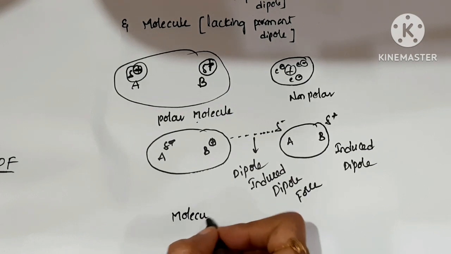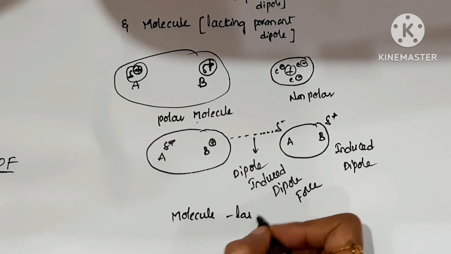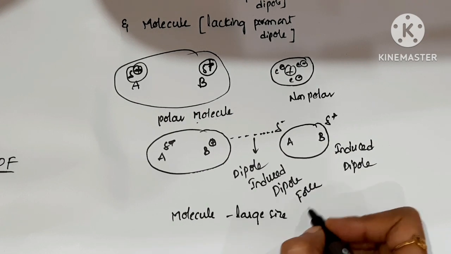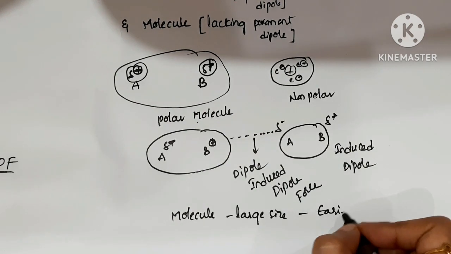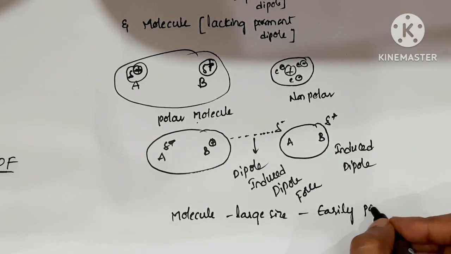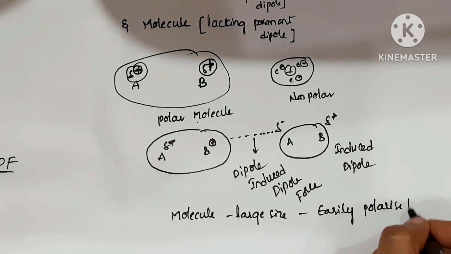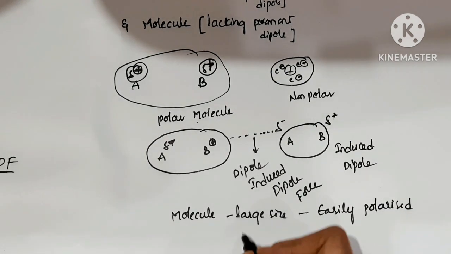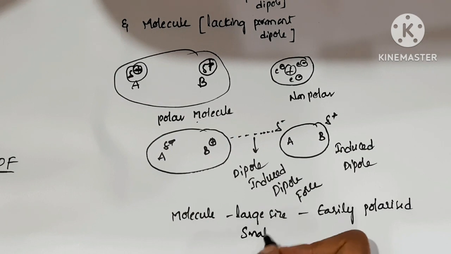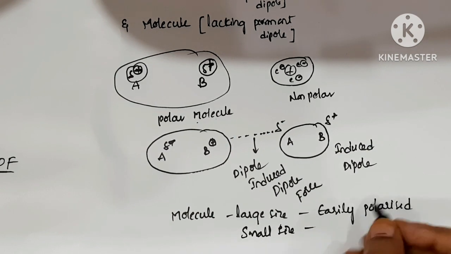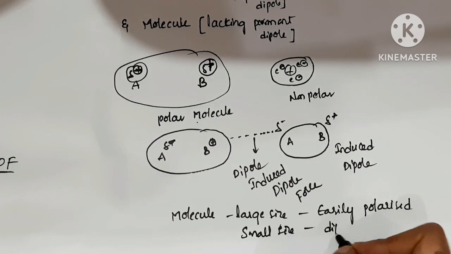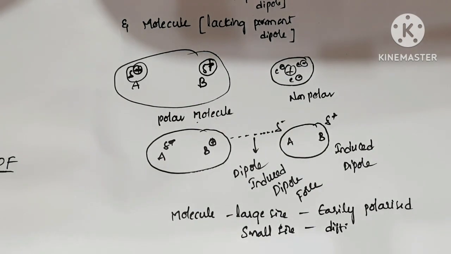Molecules of larger size can be easily polarized. Generally, large size molecules are easily polarized. You have to remember, easily polarized. Small size, difficult, simply difficult.